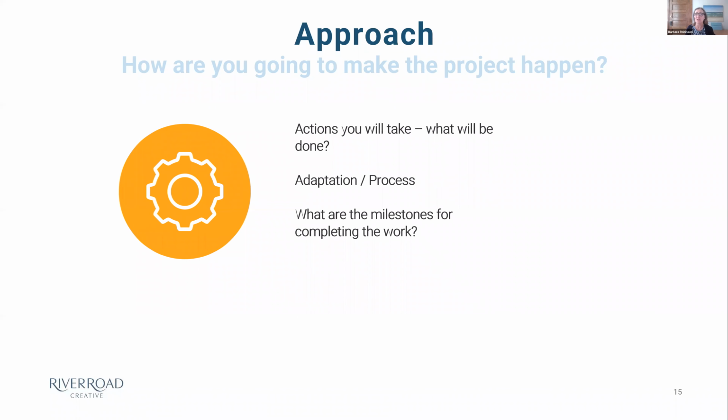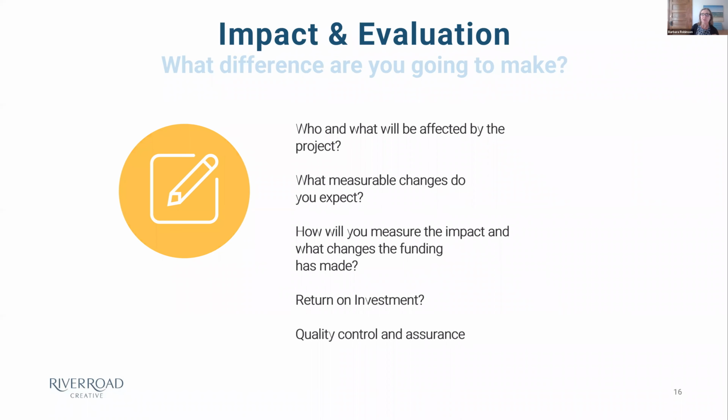So not that you have to play out every scenario, but you do want to show that you have an adaptation plan in your strategy. Again, going back to what are the milestones for completing your work. Impact and evaluation.